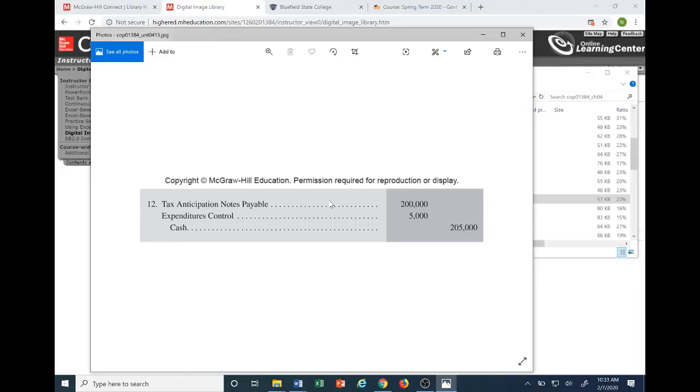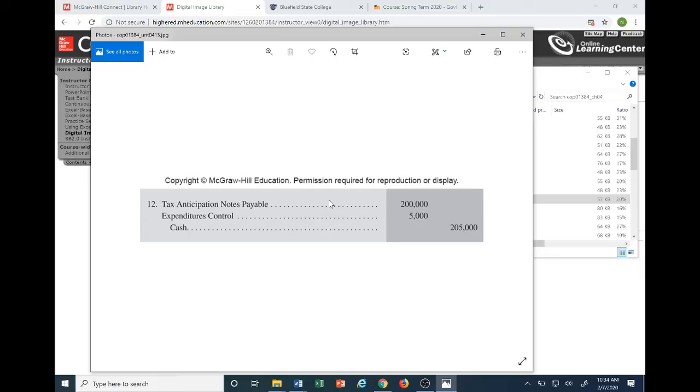So when we pay back that note, we just debit the original note. If we're paying the full amount back, and we're assuming we are, we paid that full $200,000 back. Interest in this case was $5,000 for whatever the period was. So we debit expenditures control. We know this is a governmental fund that did the tax anticipation note payable, and then credited the cash.